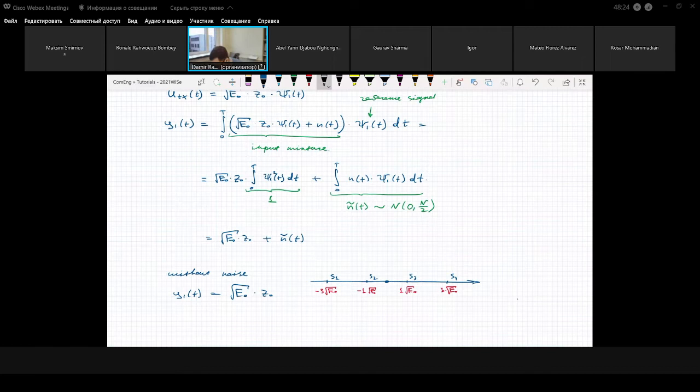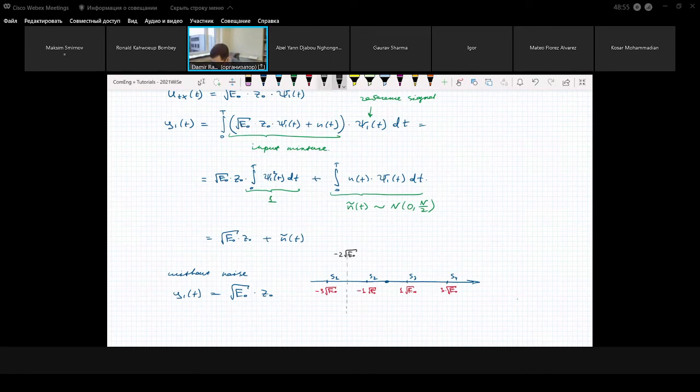Then we take symbols S1 and S2 and place a threshold right in between. What's the amplitude of this middle point between these two symbols? It will be minus 2 square root of E0. So it will be the threshold between S1 and S2.